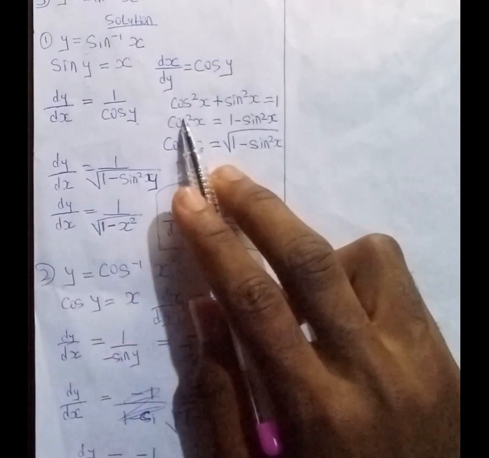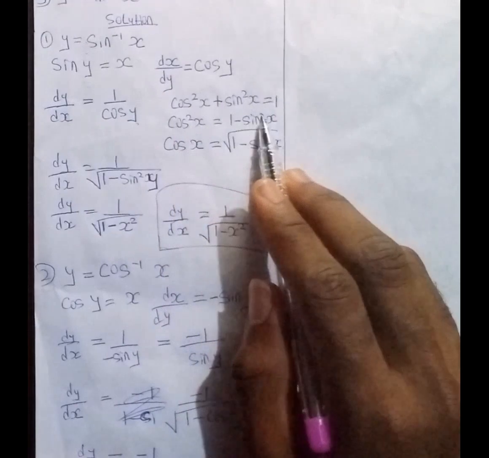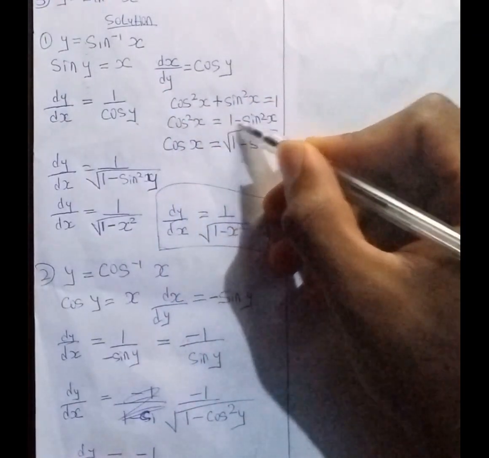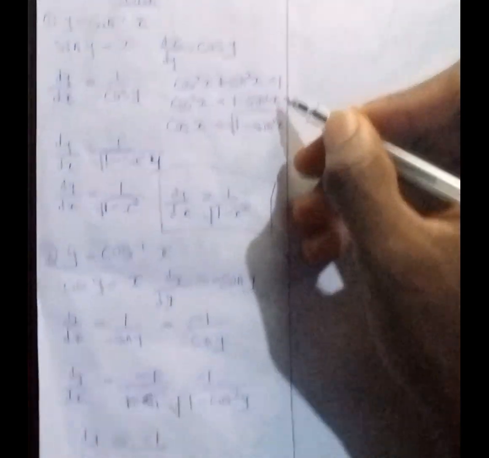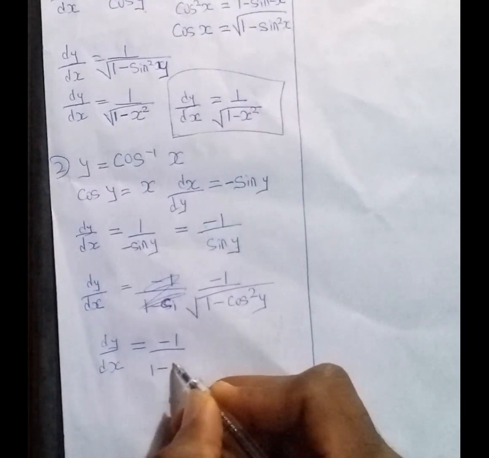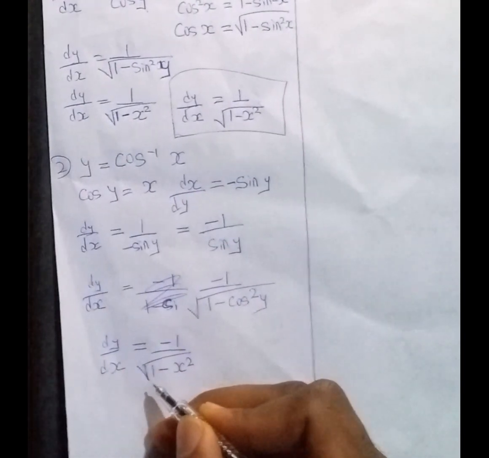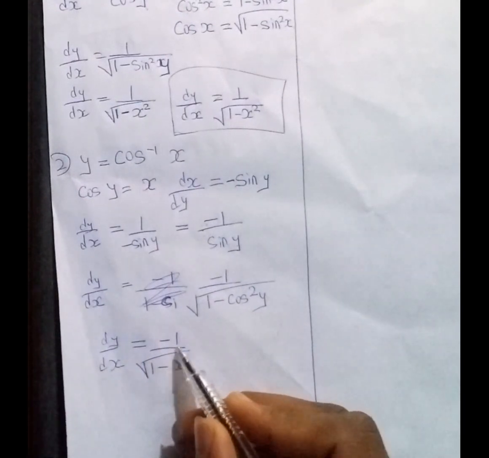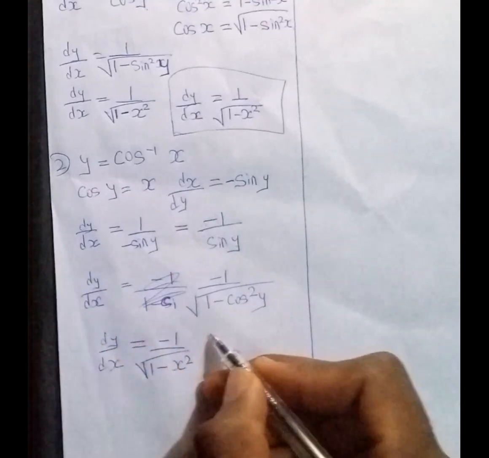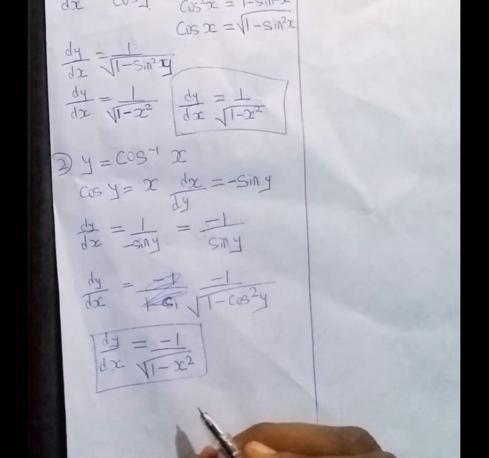Taking this pattern, cos squared y equals 1 minus sine squared y, so sine squared y will be 1 minus cos squared y. So dy/dx equals minus 1 over the square root of 1 minus x squared. This is our answer.